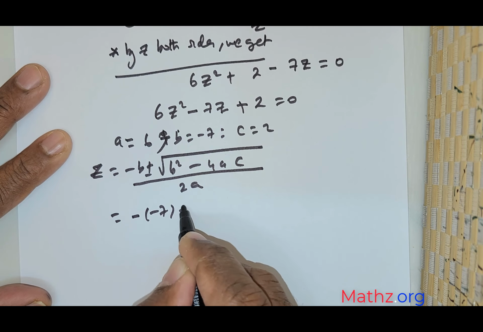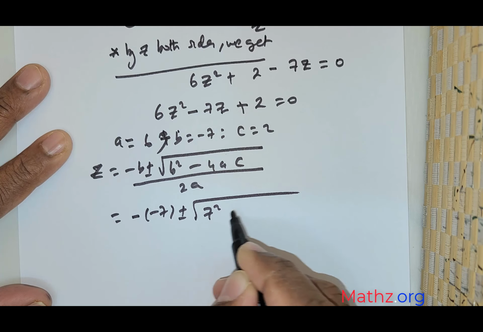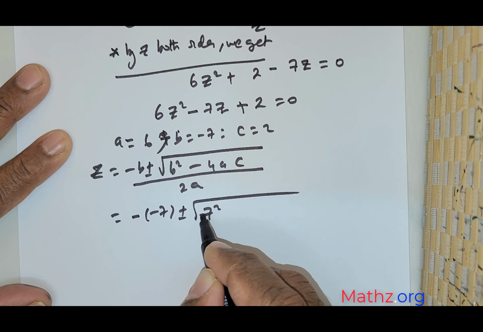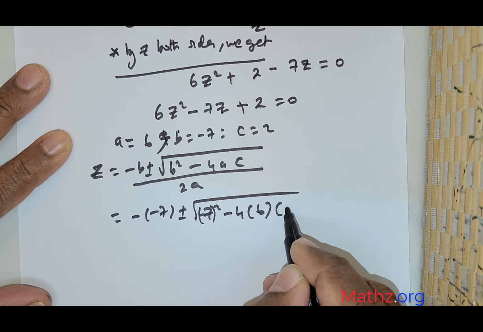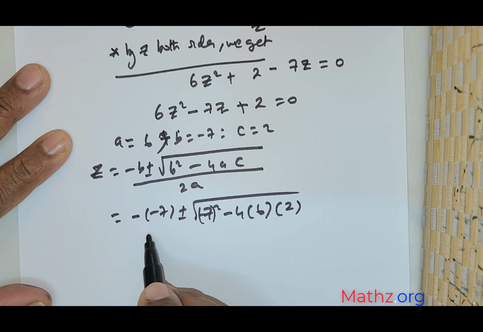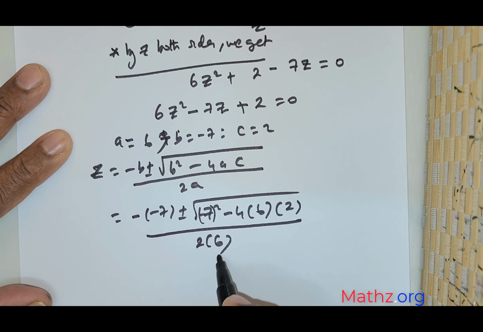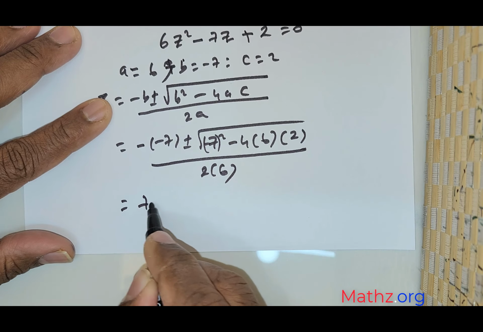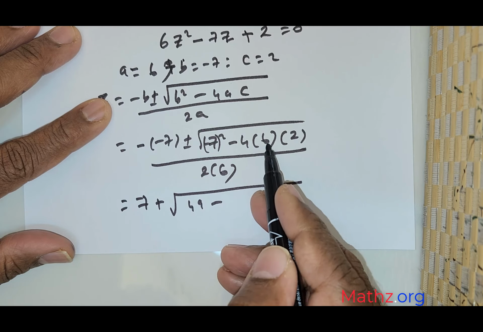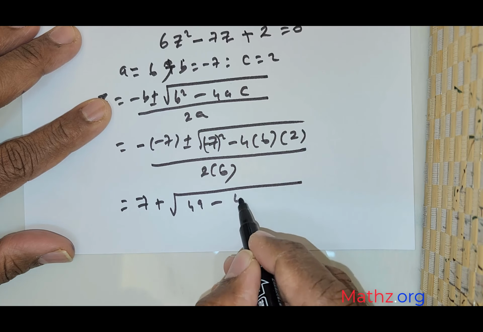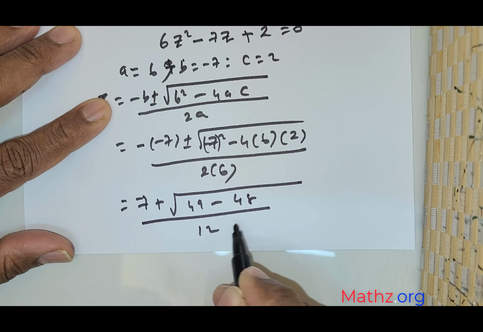So negative of negative 7, plus or minus root of 7 squared, minus 4 times a times c, which is 2, divided by 2 times a. So this is 7 plus or minus root of 7 squared is 49, minus 4 times 6 times 2 is 48, divided by 12.